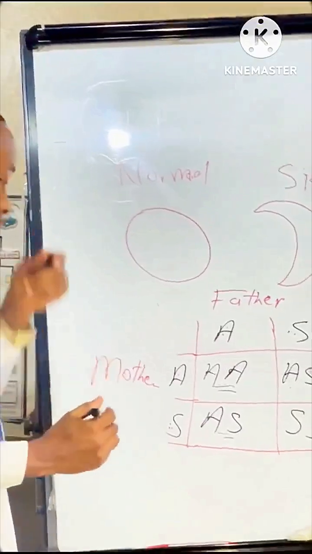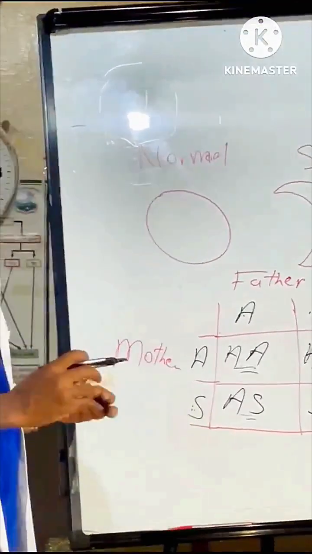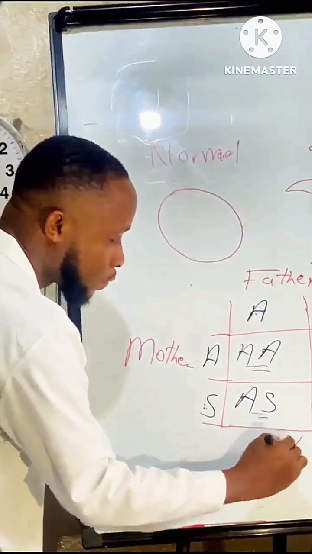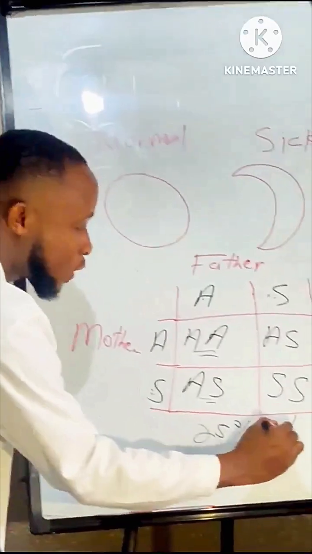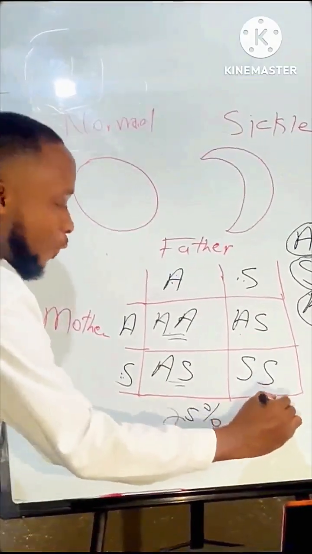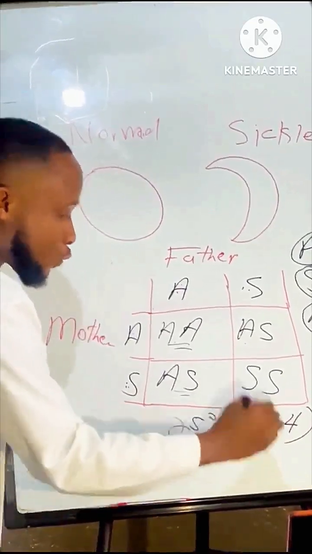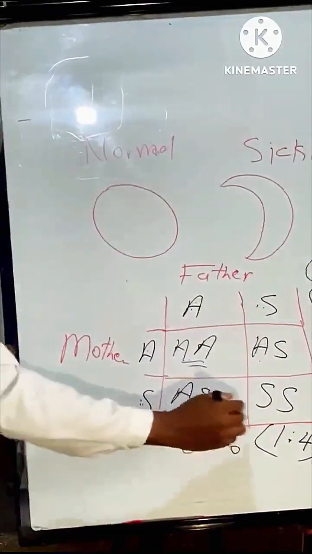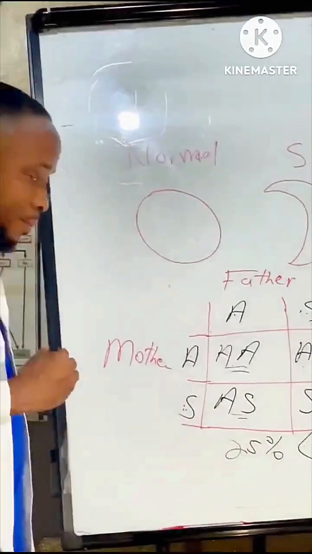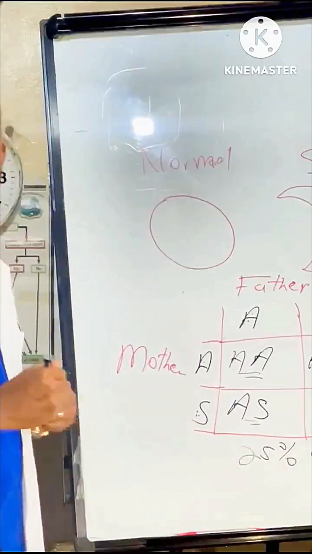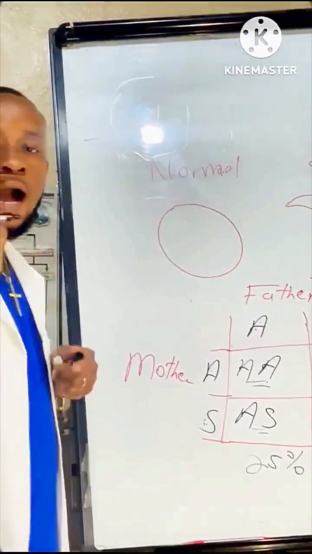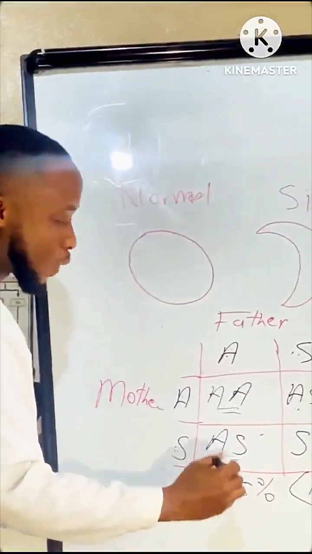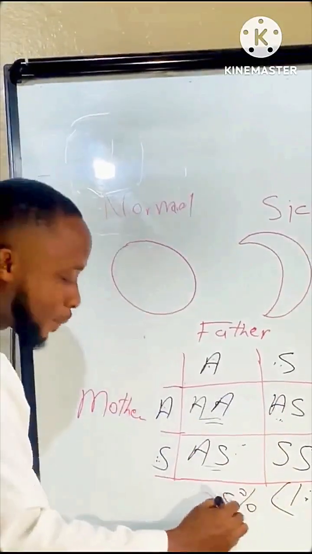So now look at the percentage. The percentage of sickle cell is 25%, which is 1 child in 4 children. 1 in 4 children is sickle cell victimized. Then how many persons are carriers of the sickle cell? We say 1, 2, right? So they are 25, and 50%.